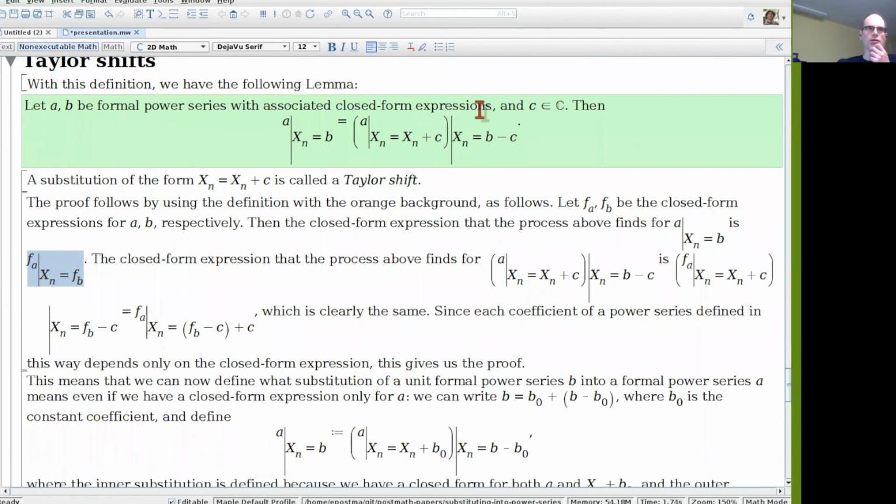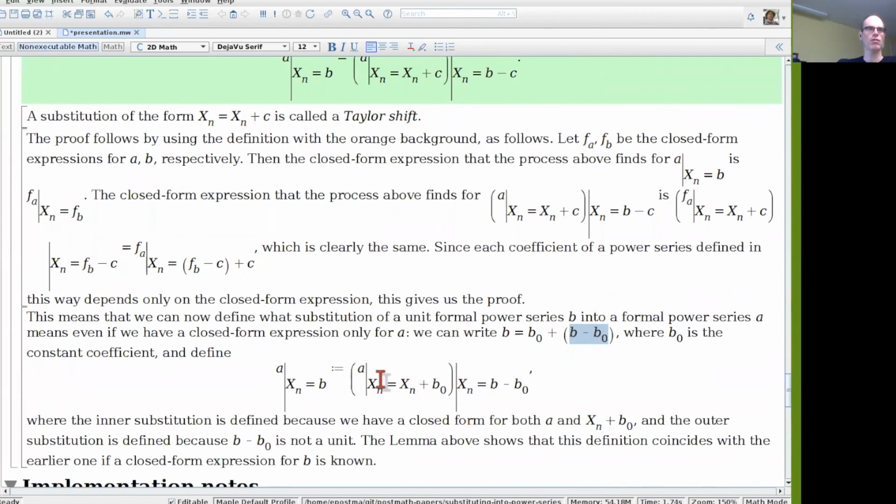So this may not seem very useful, but it is useful if we choose C appropriately, namely if we choose C equals the constant coefficient of B. So we write B equals B0 plus B minus B0, and now B minus B0 is non-unit. And that means that now for this substitution, we certainly have a closed form expression for xn plus b0, namely xn plus b0.